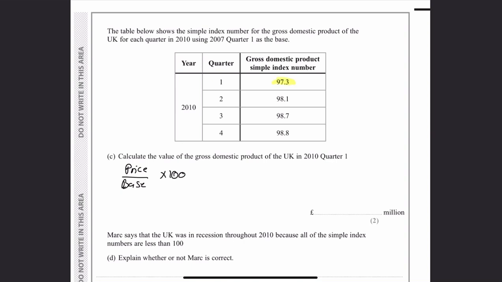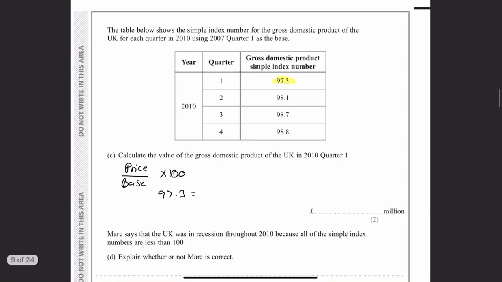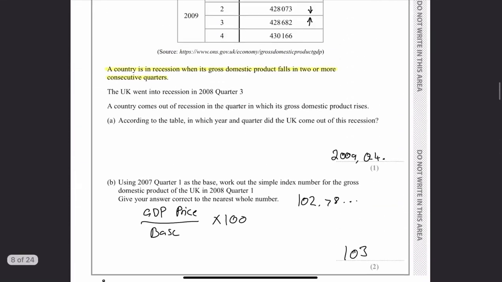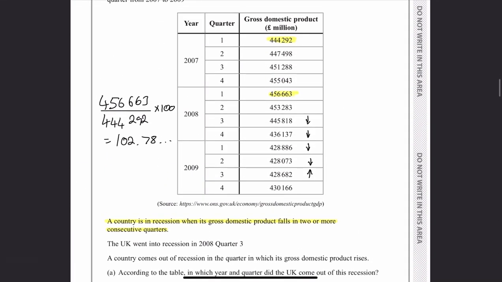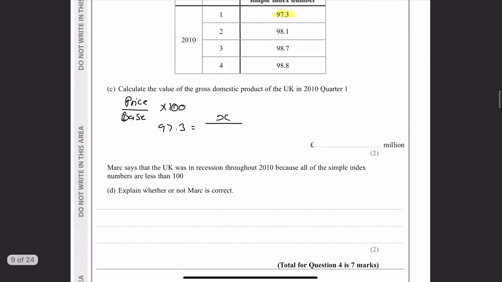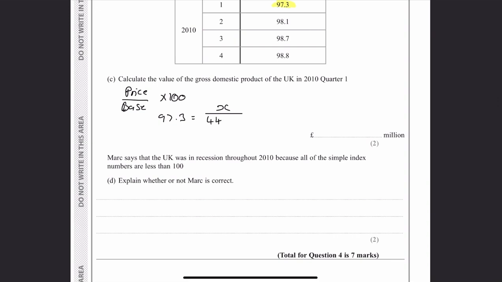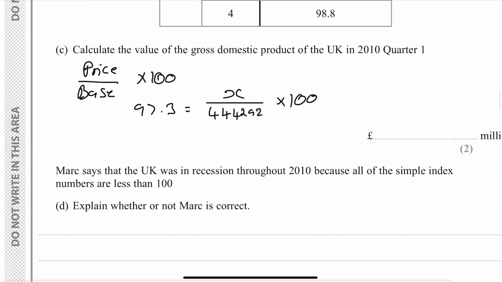So we're interested in 97.3, and we're trying to work backwards. So we've got 97.3 equals our price, which we don't know, so I'm going to call that X, over our base, which is 444,292, and we're going to times that by 100.